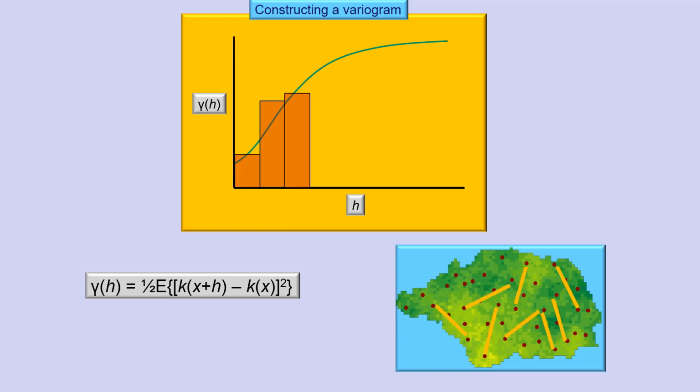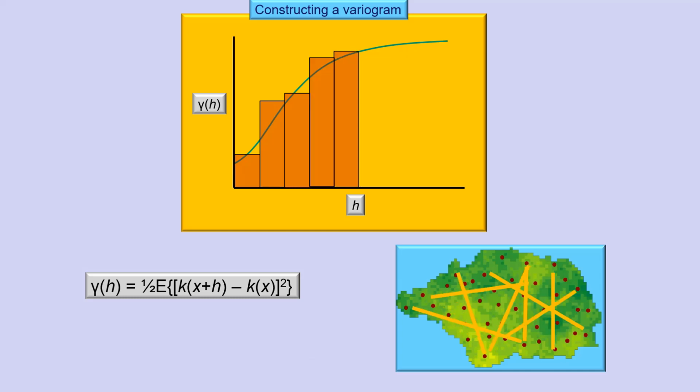And we do that for points that are a larger distance apart, and a larger distance apart, and a larger distance apart. And then we fit a curve to these empirical points that we've just determined.